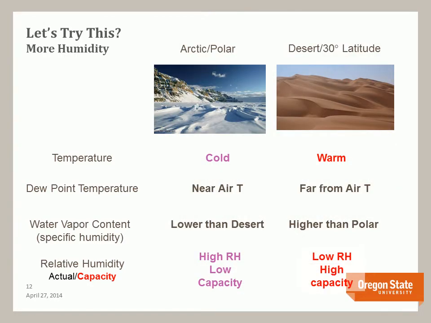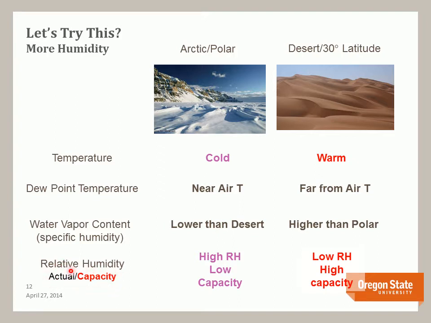So the answer to this conundrum, as outlined in our concept map, is shown here. So cold, near air temperature, the water content's very low. So we have a high relative humidity. There's a relatively small capacity because of cold temperatures, and there's actually a relatively small amount of water vapor.